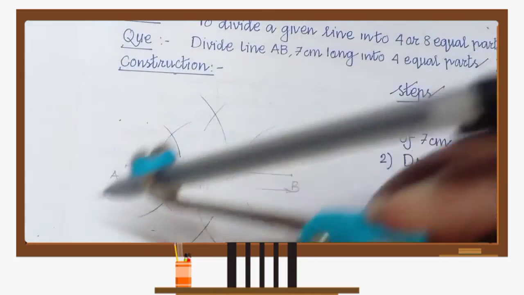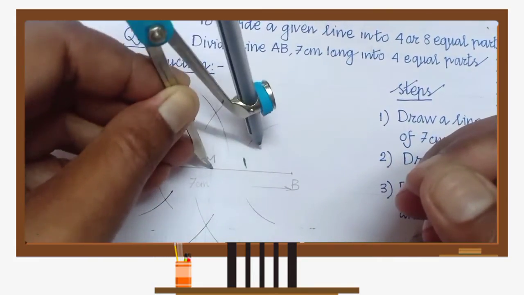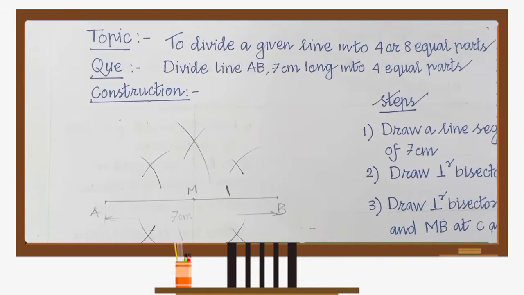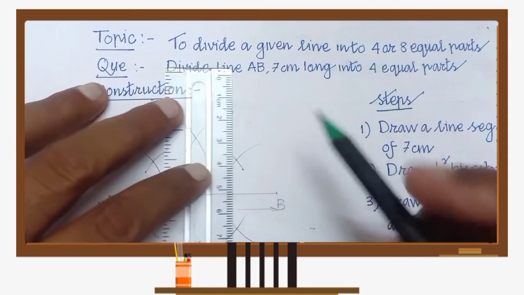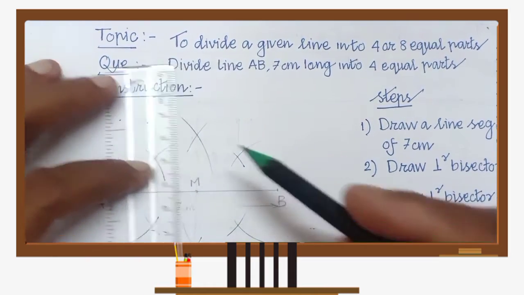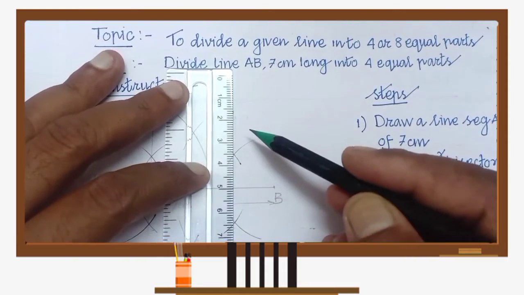This one, this one. Again draw a perpendicular bisector. This is your perpendicular bisector, this is also your perpendicular bisector.